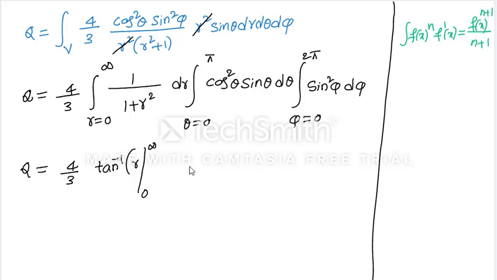So here we should apply the same property. F of x is cos theta, f dash x is minus sin theta, but no minus, so multiply with minus. So what I will get now here, minus cos cube theta by 3, and the limits 0 to pi, and this is sin square phi.